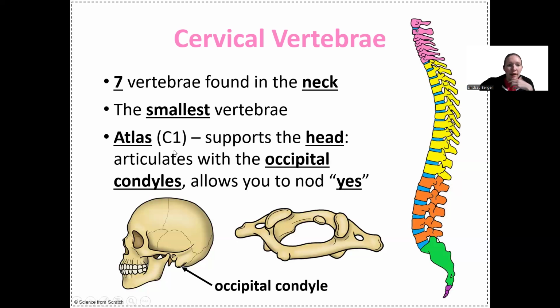And the reason we call this one Atlas and not just C1, we can call them both, but typically doctors are going to use C1, C2, whatever. But Atlas is also named for a mythological being. If you remember your Greek mythology, there were the bad guys, the Titans, right? Not good. One of them was named Atlas.